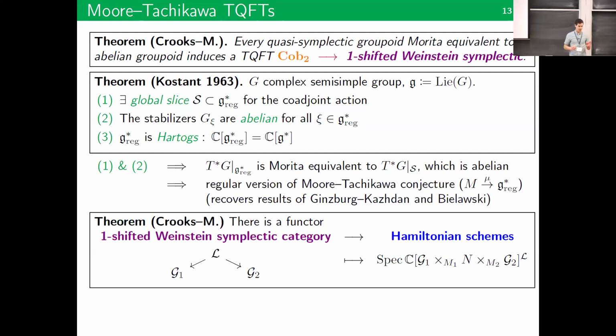In the differential case, if you have any one-shifted Lagrangian correspondence, where G1 and G2 are one-shifted symplectic Lie groupoids, you can show that this is equivalent to a Hamiltonian space for G1 and G2 in the generalization of Hamiltonian spaces where it's not a group that acts, but quasi-symplectic groupoids.